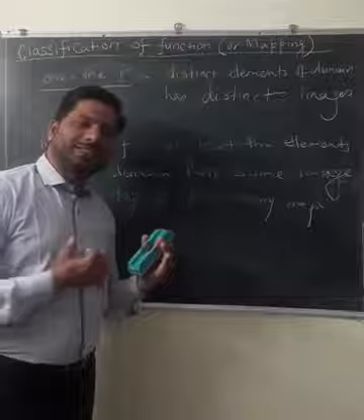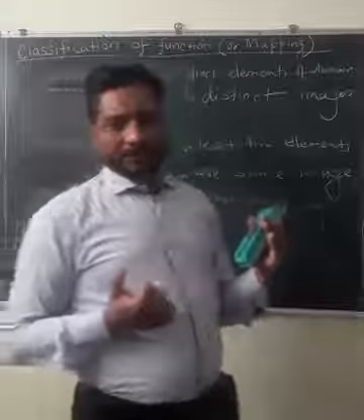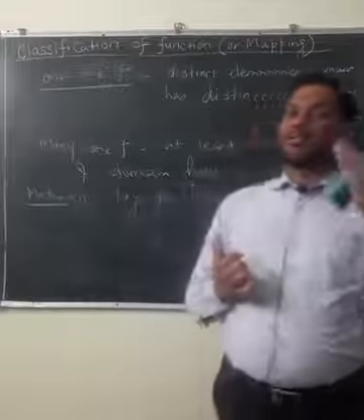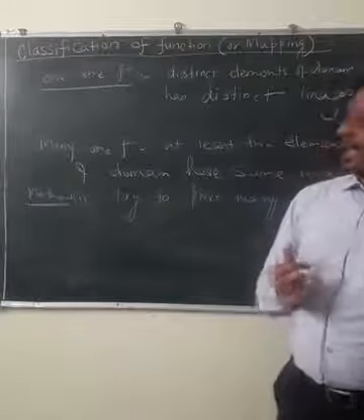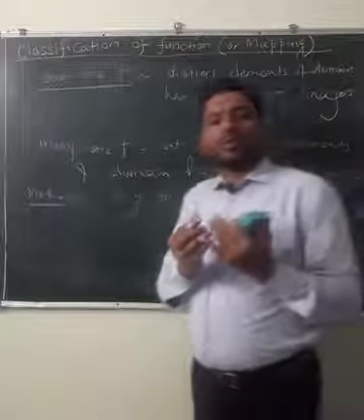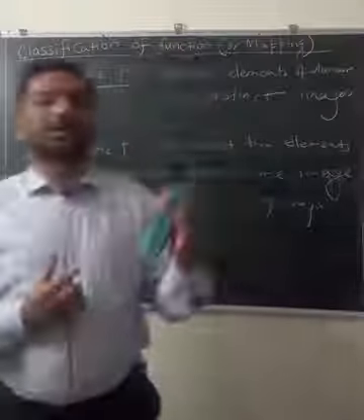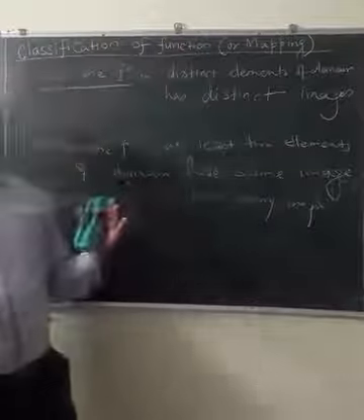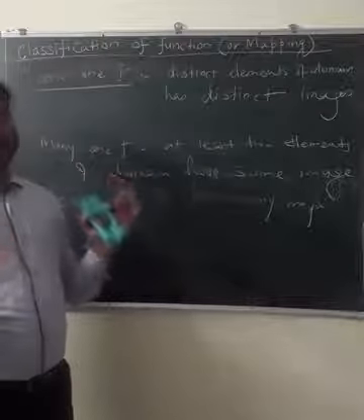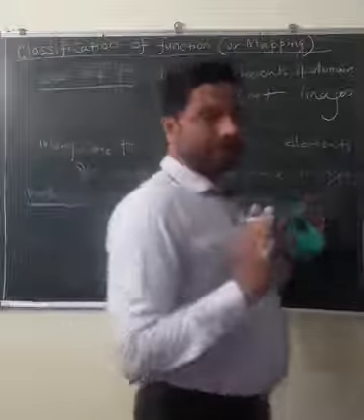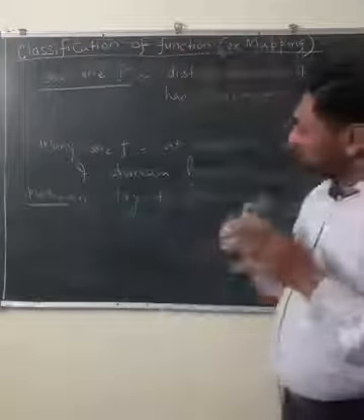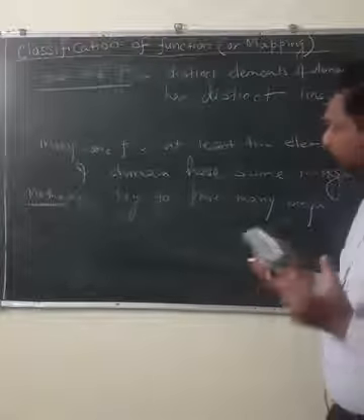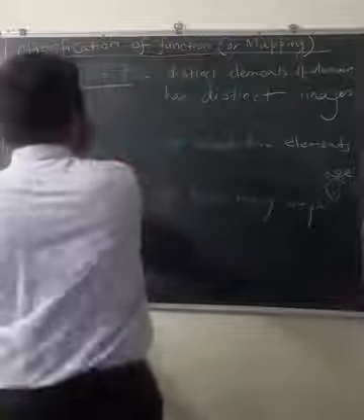Suppose one person says that I am an honest person, then I will search for his weakness. If at a certain point of time he does a dishonest activity, then I will say he is a dishonest person. That's the method here, method 1. I am just taking examples, you will understand.